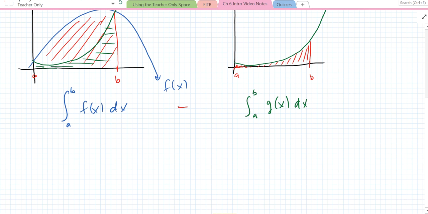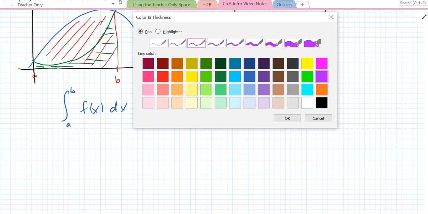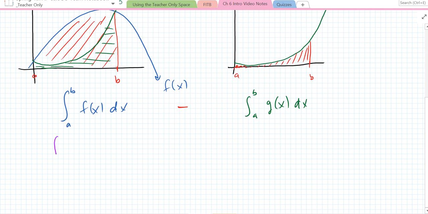and that means that the integral from A to B of f of x minus g of x dx is equal to the area between the curves.